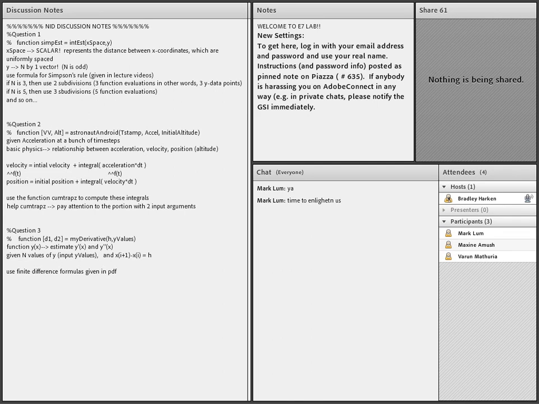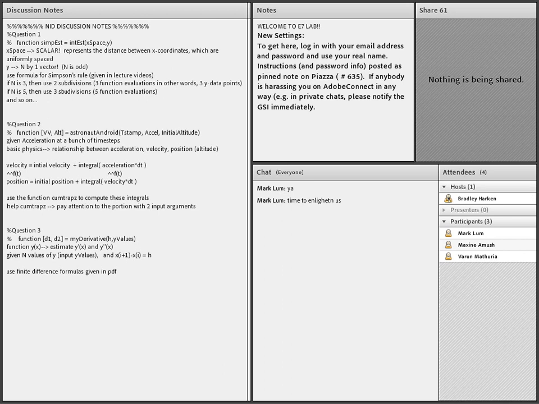They talked a little bit in the lecture videos about what that means and how they're derived. So if you have any questions about that, either go watch the lecture videos again or come to lab and ask. But the equations are just given to you, so you can use those.